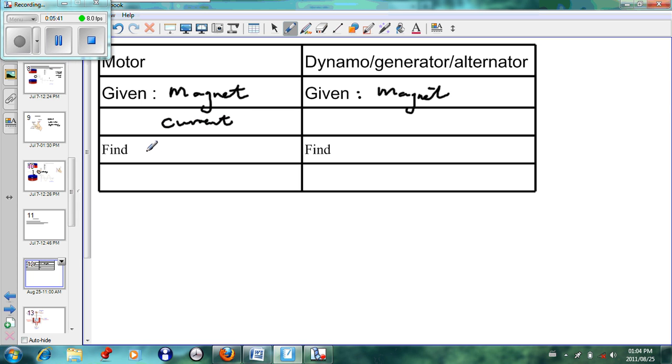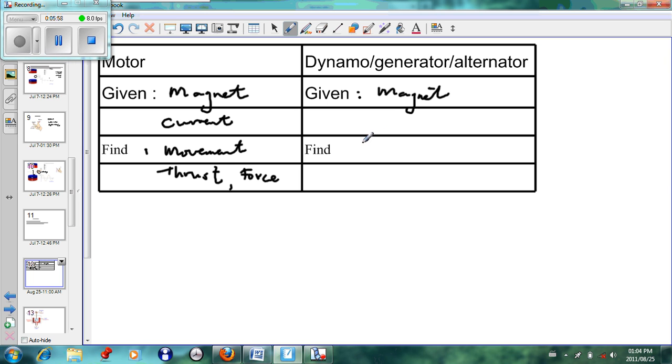And we see that the motor turns, and we have to find which way the movement is, or sometimes they say the thrust, or the force on the coil. So that is what we have to find.